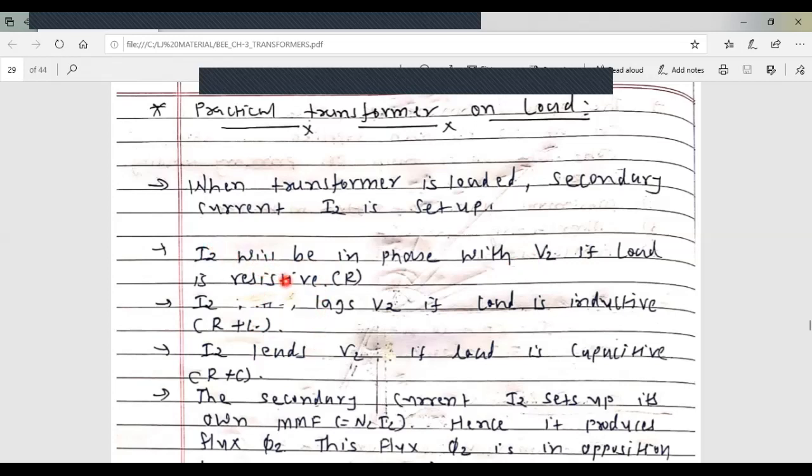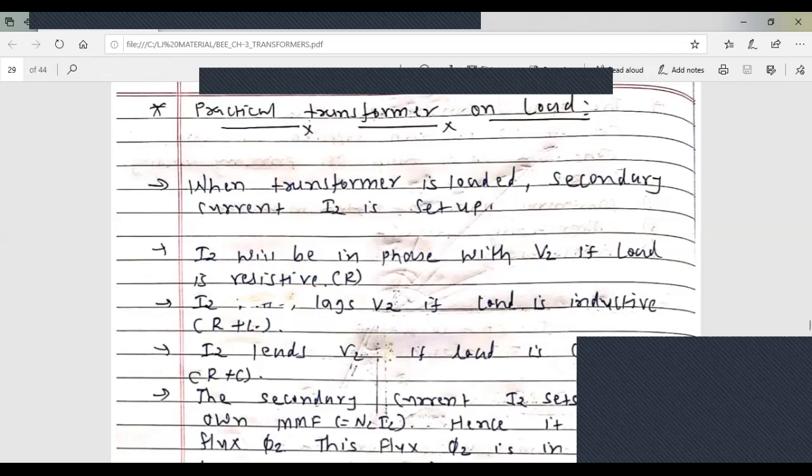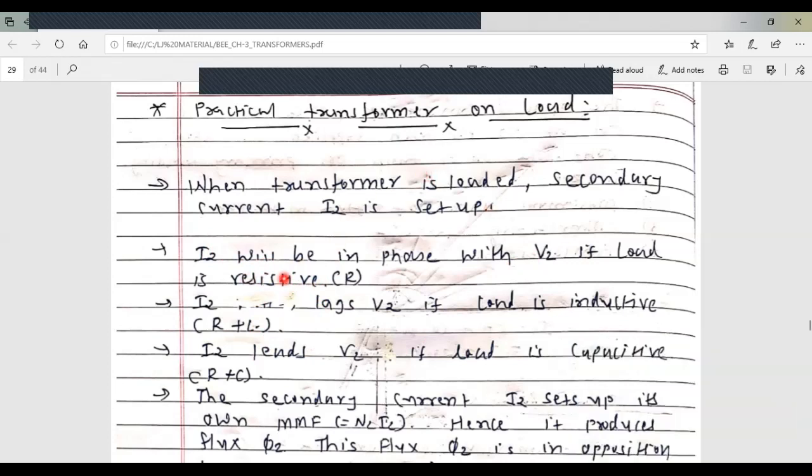So first case, if load is resistive, then we can say that current I2 is in phase with V2. Same way, if load is inductive, it means that both winding has resistive and inductive load, then we can say that current I2 lags the voltage V2 by some angle.